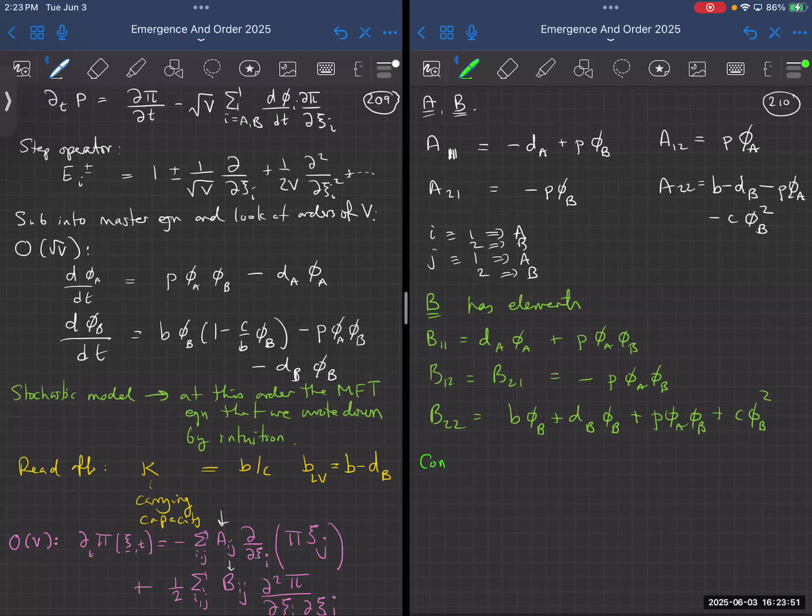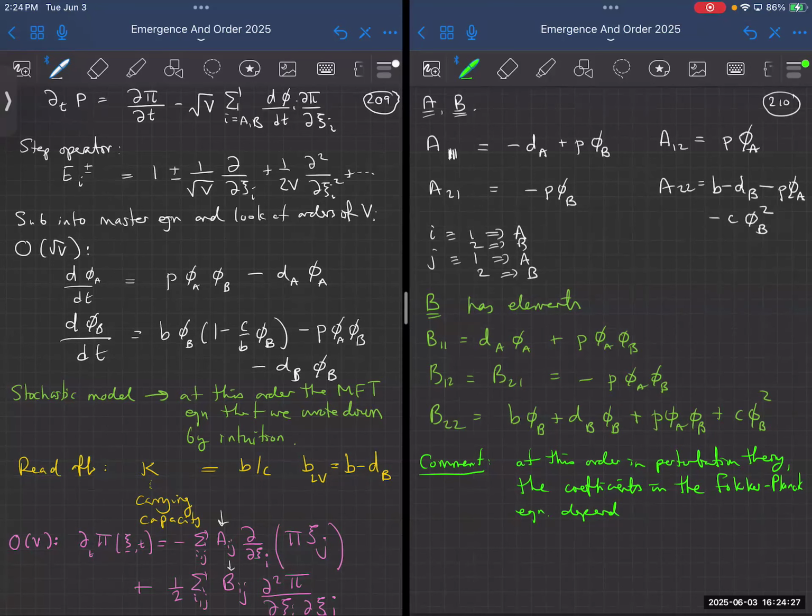So I want to make this comment: at this order in perturbation theory, the coefficients in the Fokker-Planck equation depend on the solutions to the previous order in perturbation theory.